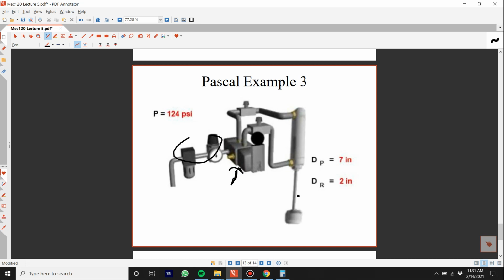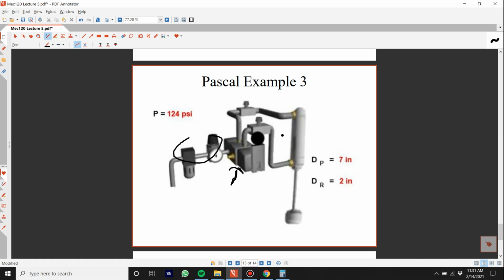Believe it or not, the double acting cylinder can extend and it can retract, and it's going to be able to apply different forces. The extension force is going to be higher than the retraction force. Why is that? Well, let's do it, and we'll see. The area.